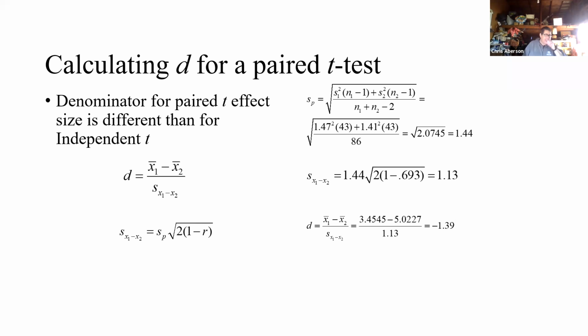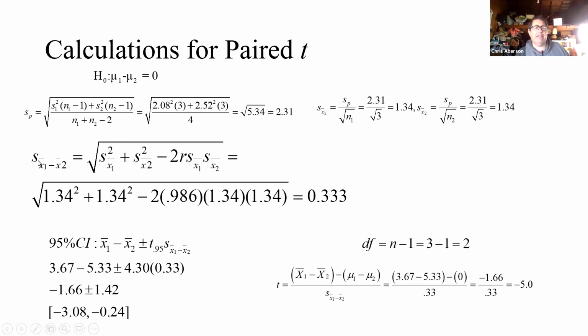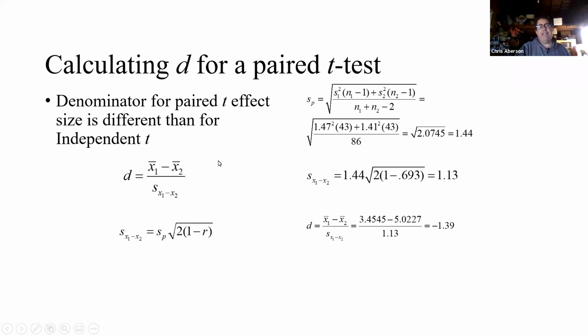The d statistic is a little bit different, and God, it's another one of these situations where if you could go back in time and find the person who invented the notation, you might want to punch them. The denominator here, s sub x1 minus x2, looks a lot like the standard error of the difference between the means. However, note that these are x bars and these are just x's. Why we couldn't have had a better piece of notation here is beyond me.